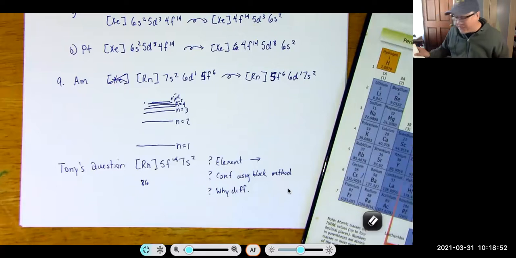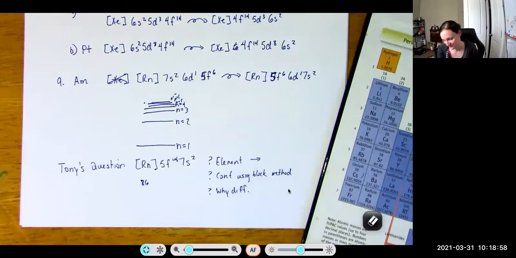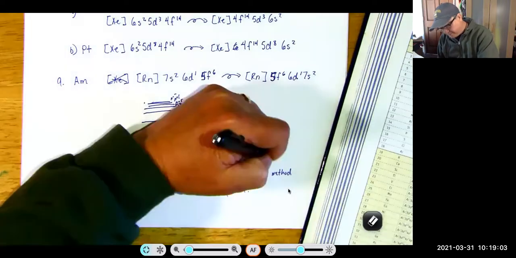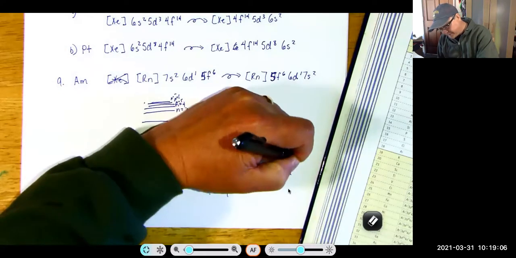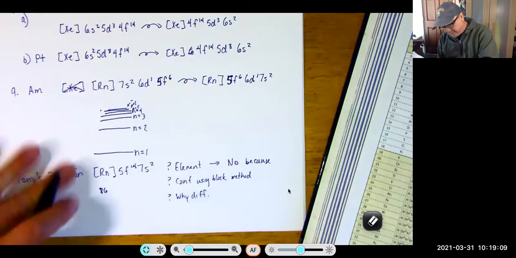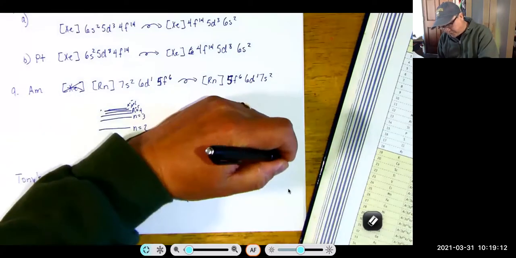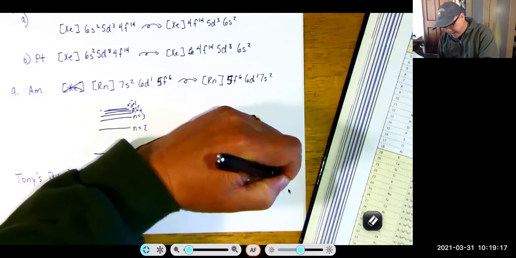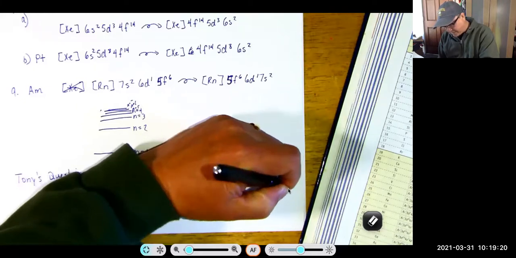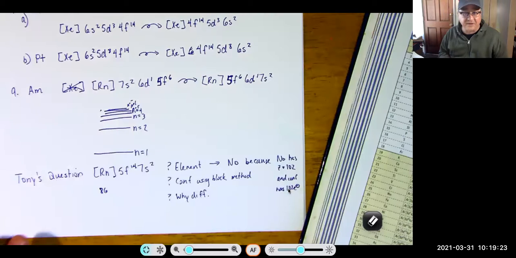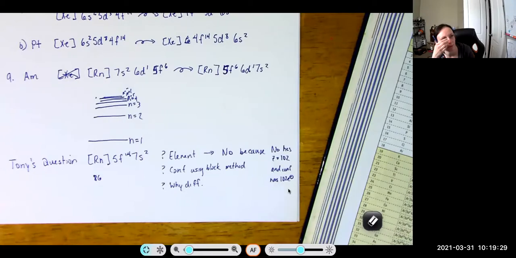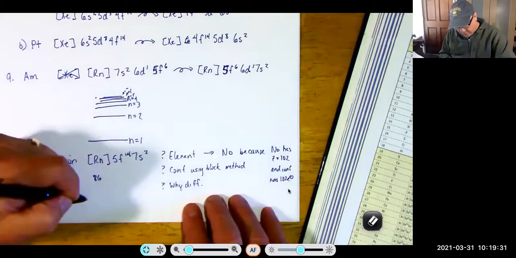So you don't want to try to say nobelium. Okay, so it's nobelium because nobelium has Z equal to 102, and the configuration has 102 electrons, right? Do you remember that Z is the symbol for atomic number, which is weird, instead of A?